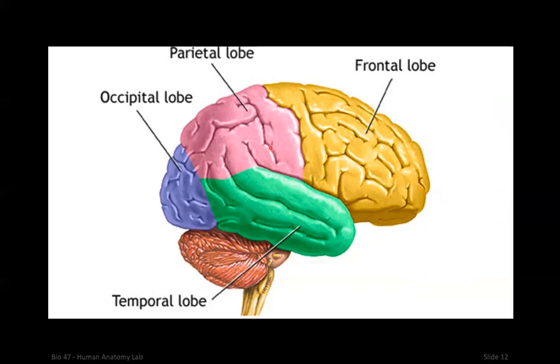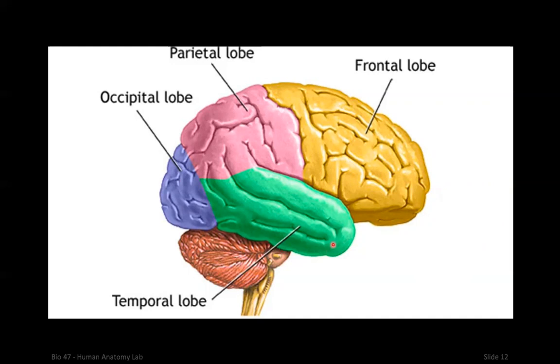Behind that is the parietal lobe. This is primarily a sensory and association area. Back here is the occipital lobe, which is the primary visual cortex responsible for vision. There's not really a good defining line to be able to identify the occipital lobe.